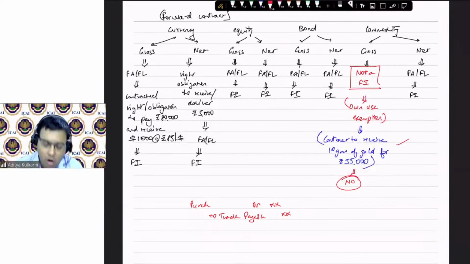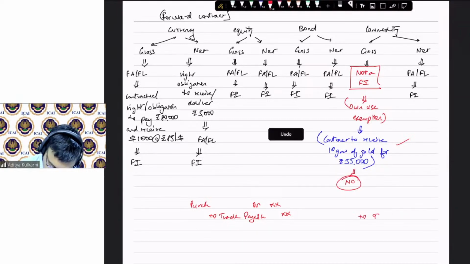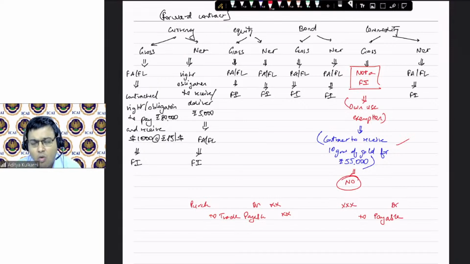Okay, let's accept your point. I will record a payable here. What am I going to book as receivable? What am I going to book as receipt? I cannot book anything. None of the parties have performed their obligations. This goes against the principles, because I will have an obligation only when a corresponding asset is there.